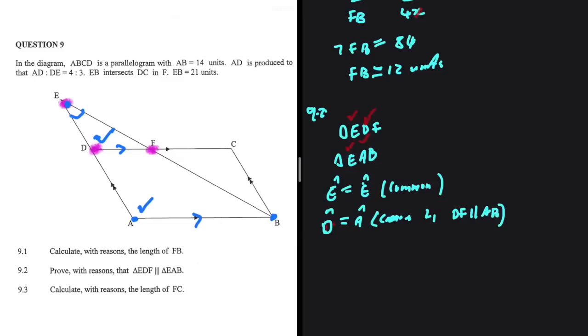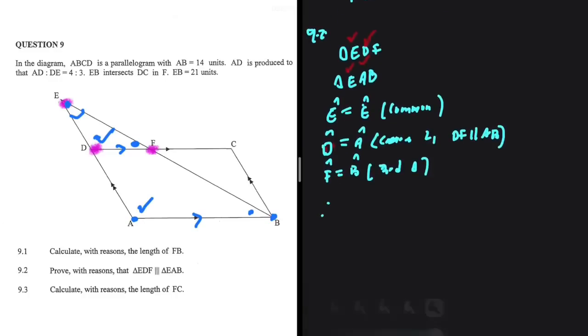If we've proved that two angles are equal to each other in two triangles, then the third angles are also going to be equal to each other because of the sum of angles of the triangle. So this angle F should be equal to angle B. We can use third angle of triangle, or we can also use corresponding angles.